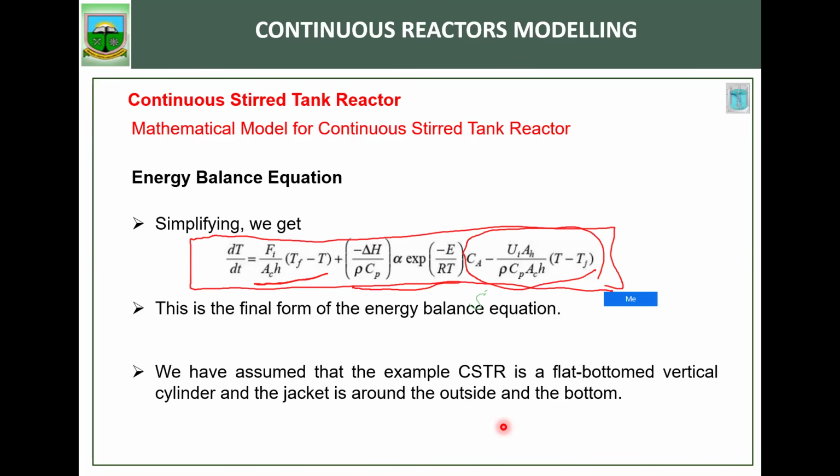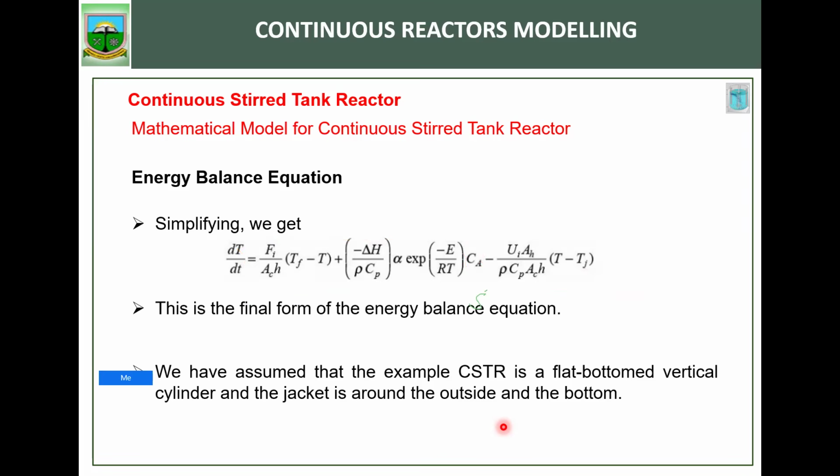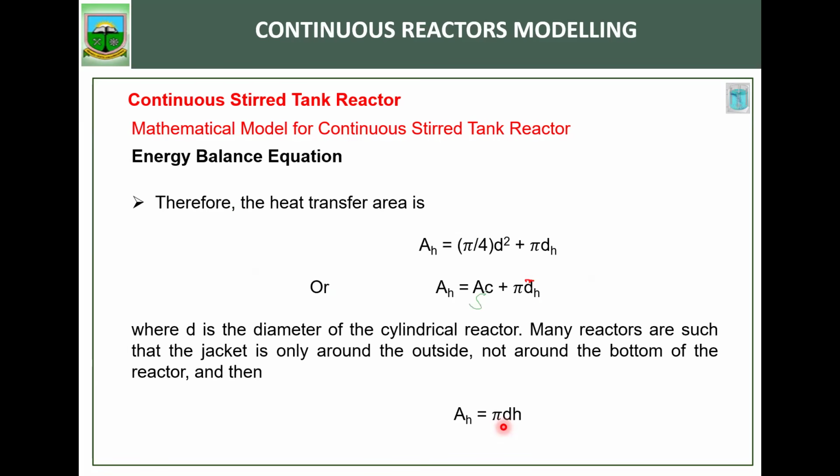Then you can now use this to calculate the temperature inside the reactor at each particular point. The main problem is now the area A_C, which we say is equal to this, because it goes around the whole reactor. It's like a jacket. So you have this part here, then you have the surrounding of the wall. That's why you have this.